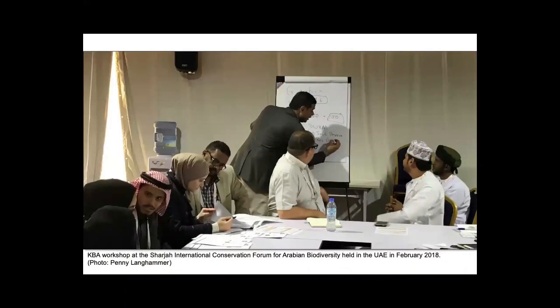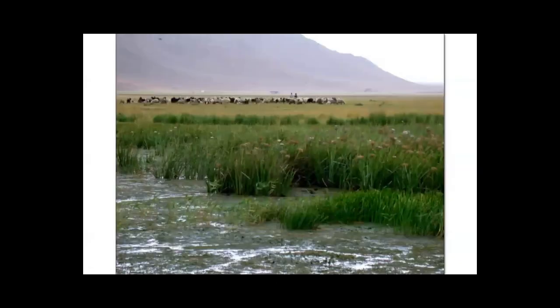KBA identification and delineation is a nationally driven bottom-up process. And it's important to emphasize here that identification of a site as a KBA simply recognizes that site as important for the global persistence of biodiversity. It does not imply that any specific conservation action, such as protected area designation, is required.